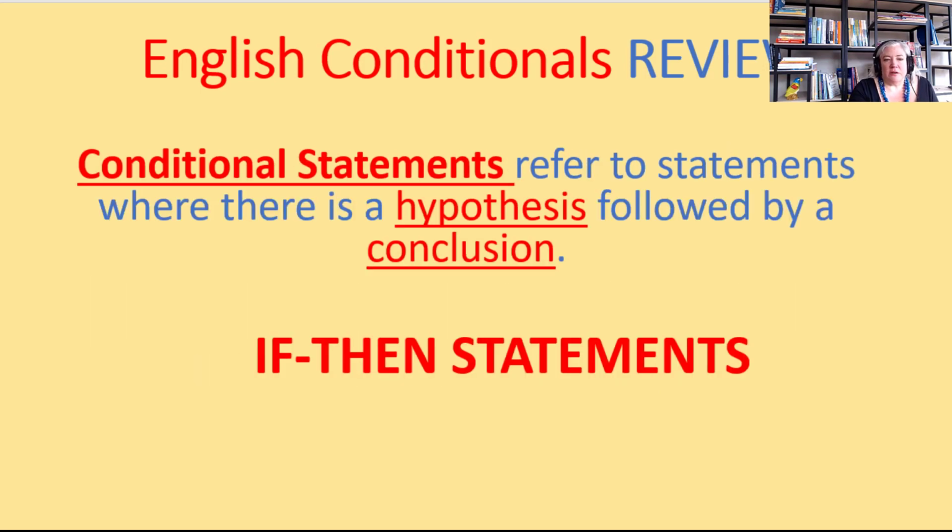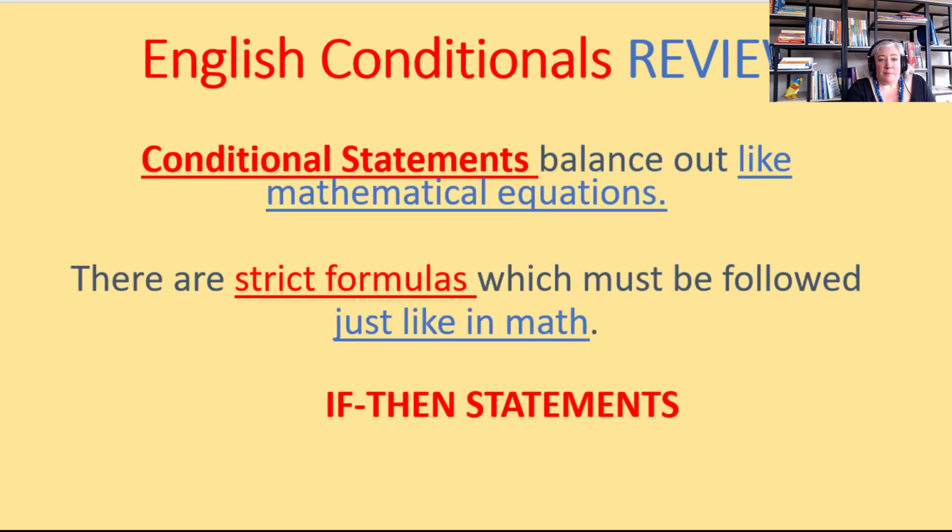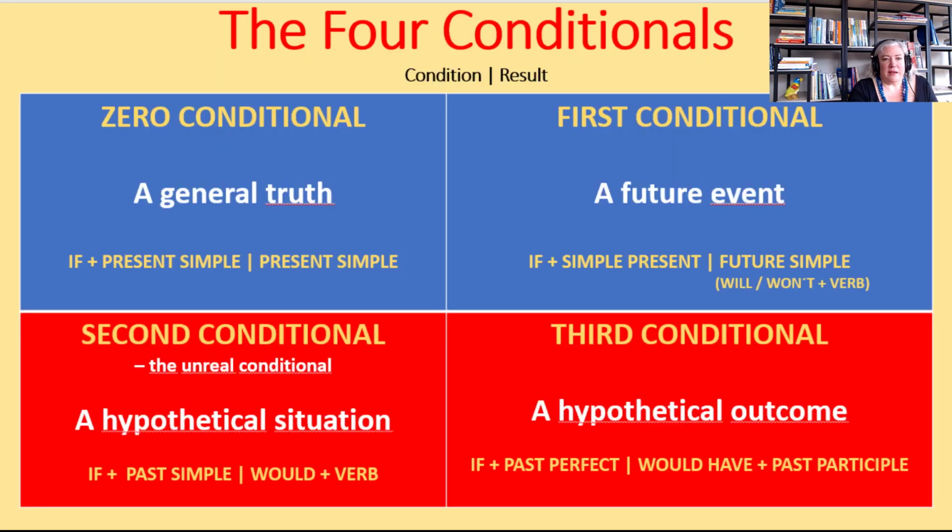English conditionals have in the conditional statements a hypothesis and a conclusion as if-then statements. The conditional statements balance out like mathematical equations. There are strict formulas which must be followed, just like in math, for the if-then statements.